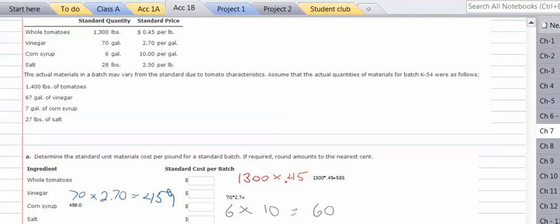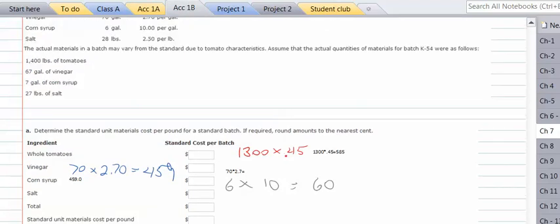That equals $60. Our salt is 28 pounds times 2.50. That looks like $70.